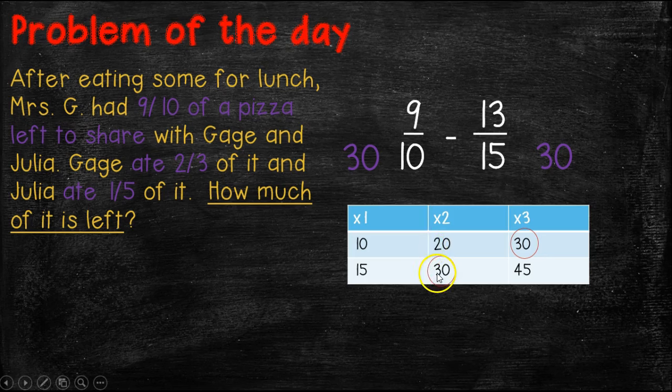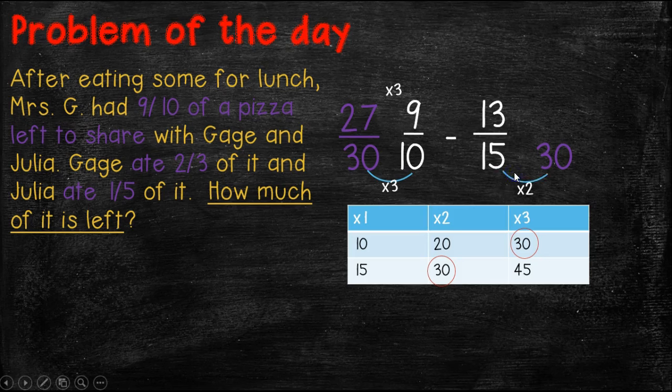But then we have to also rewrite the numerator, the number on top. And remember, whatever we do for the denominator, we have to do for the numerator too. So what did we do to the 10 to get 30? Well, we multiplied it by 3. So we're going to do the same thing to the top, or the numerator, and 9 times 3 is 27. Now we come over to this fraction and think, what did we do to 15 to get 30?